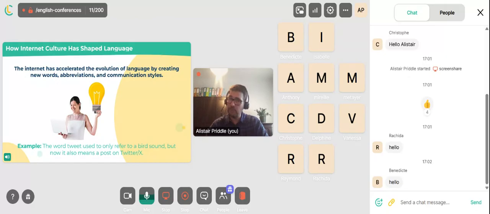For example, the word tweet used to only refer to a bird sound, but now it also means a post on Twitter or X.